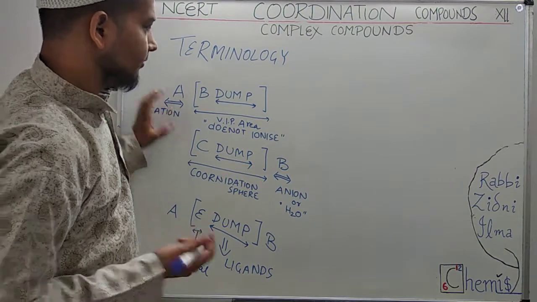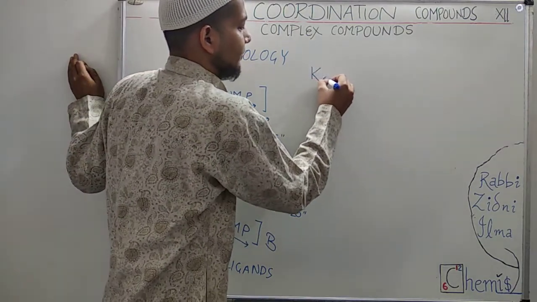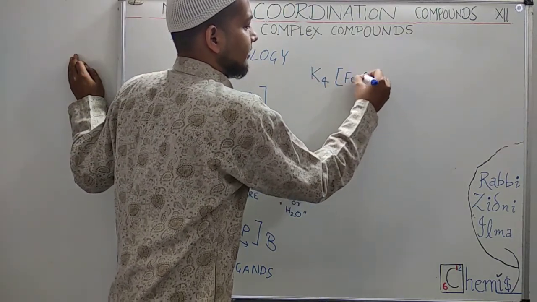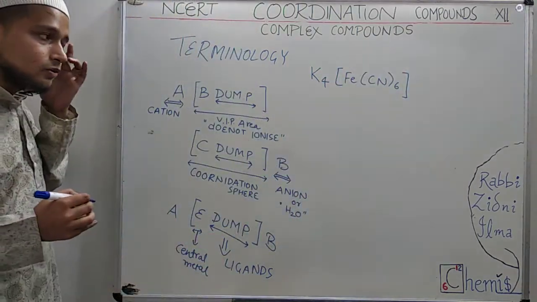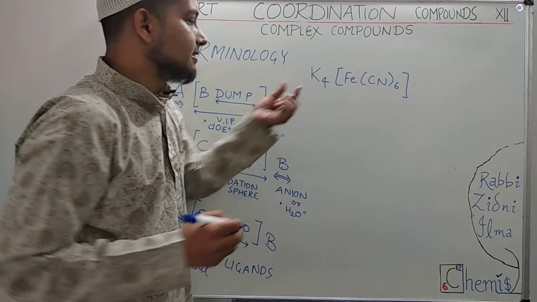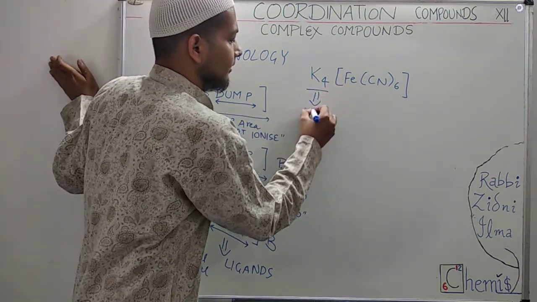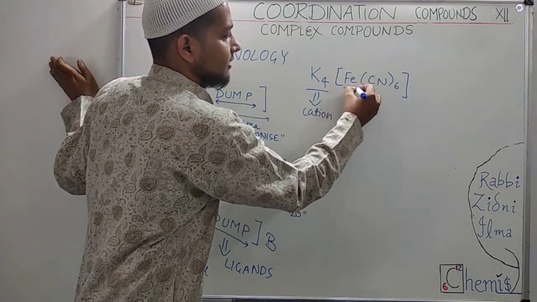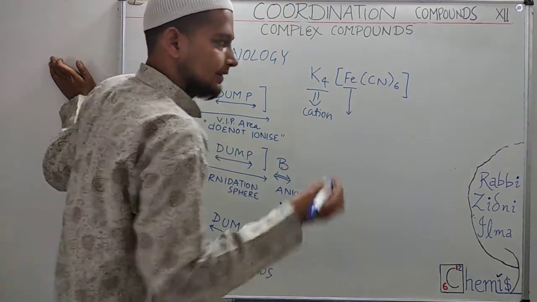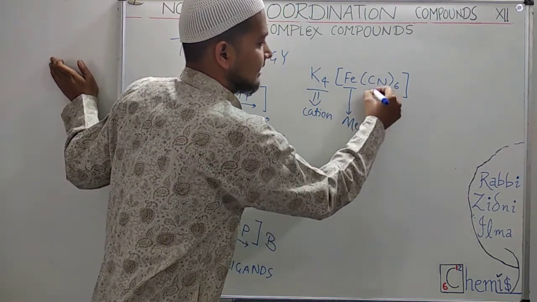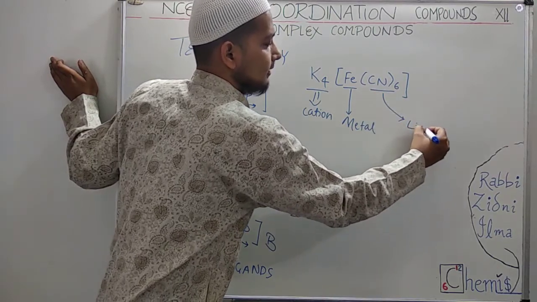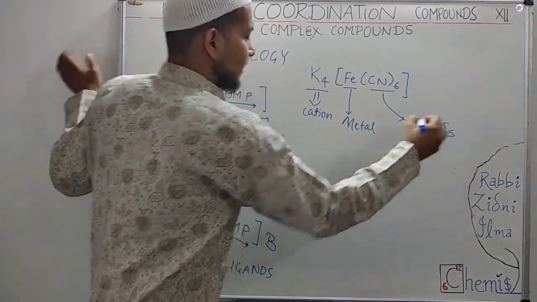Let us consider the example first. If we have K4[Fe(CN)6], this is potassium, which will be our cation. The first member in the square bracket is our metal, and the rest, these 6, will be ligands. As simple as that.